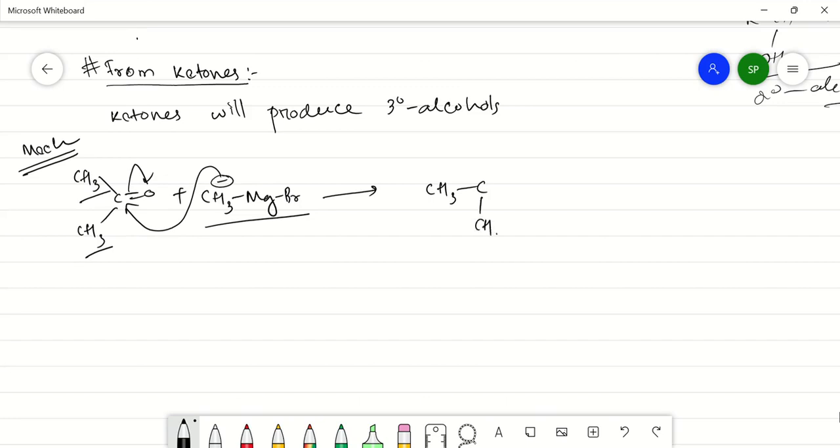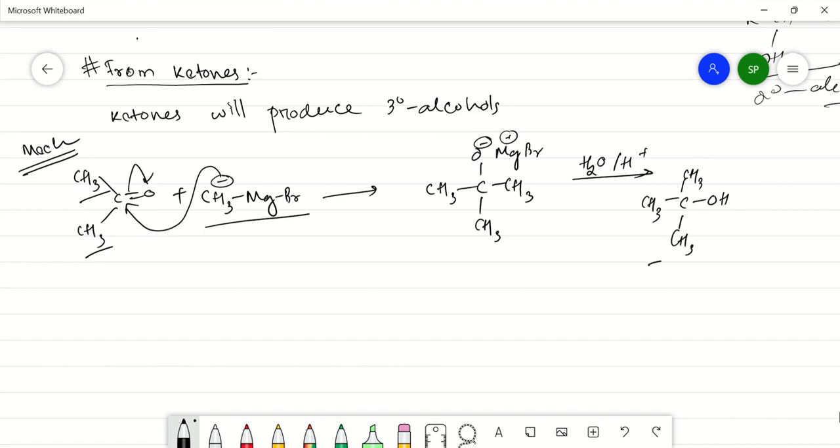There will be three methyl groups attached to the carbon and O- along with MgBr+. Upon hydrolysis, this will produce tertiary alcohol, with three methyl groups attached and one OH group.